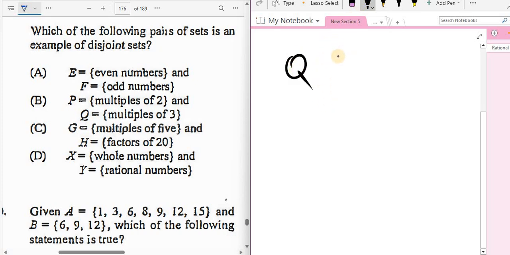Because Q stands for what? Well, you can think of Q standing for quotient. What is quotient? Quotient is the result from what? Okay, what's product? The result from multiplication, that's product.